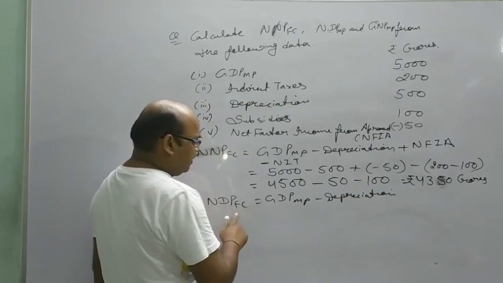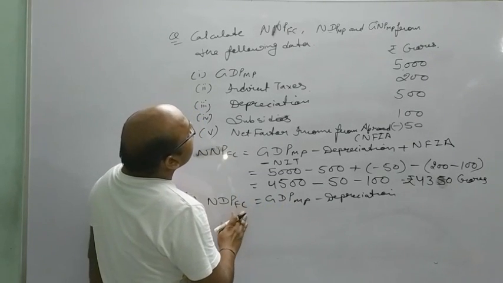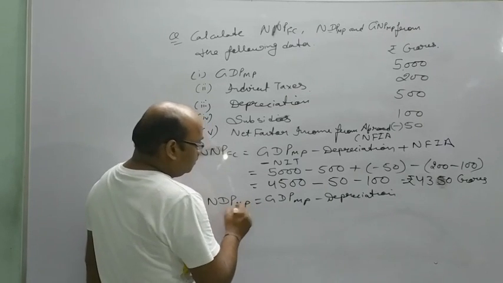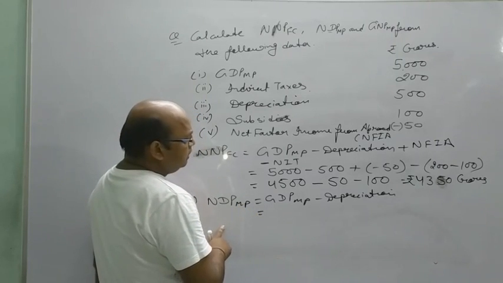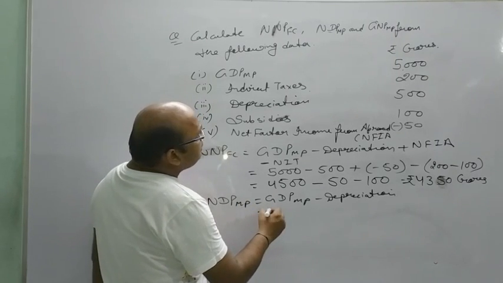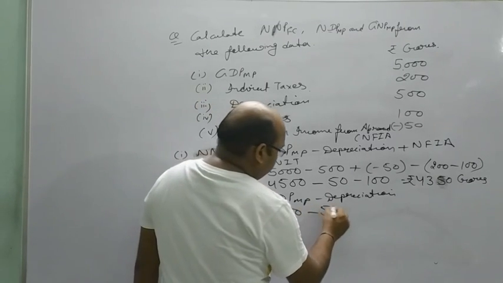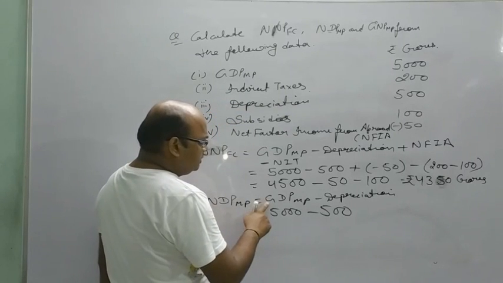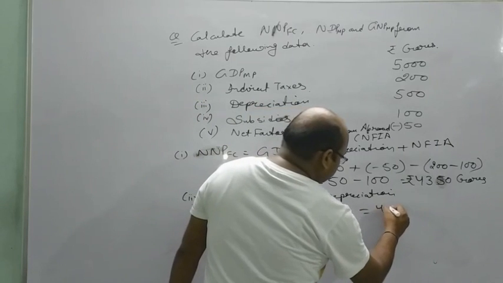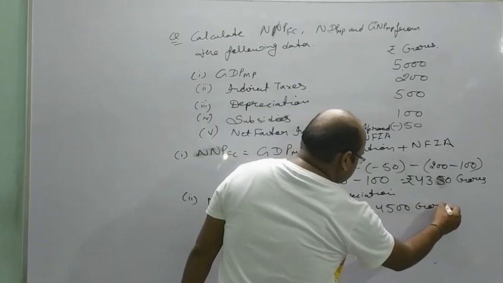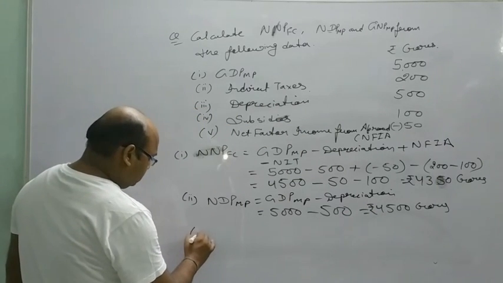Domestic same, market price same, since it is NDPMP. So our GDPMP is 5,000 crores minus depreciation 500, which is 4,500 crores rupees.